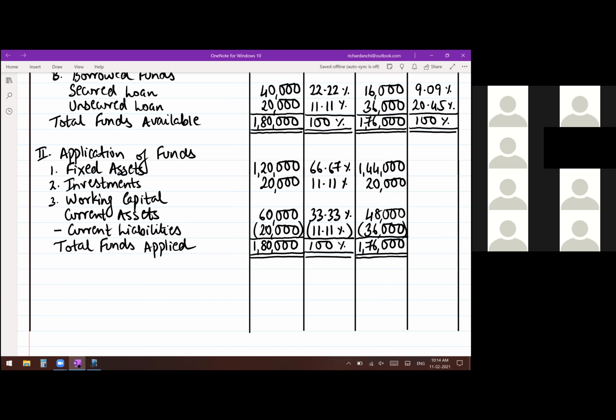And now we will move on to the next year, that is 2018. This time the base is 1,76,000. Starting from the top, fixed assets is 1,44,000. Multiply by 100 to get a percentage.